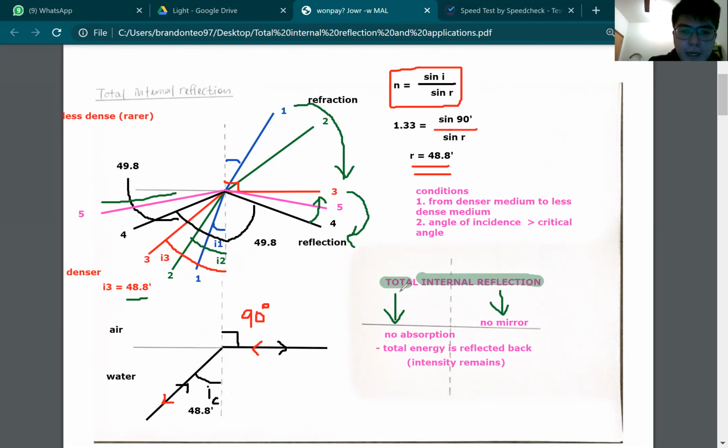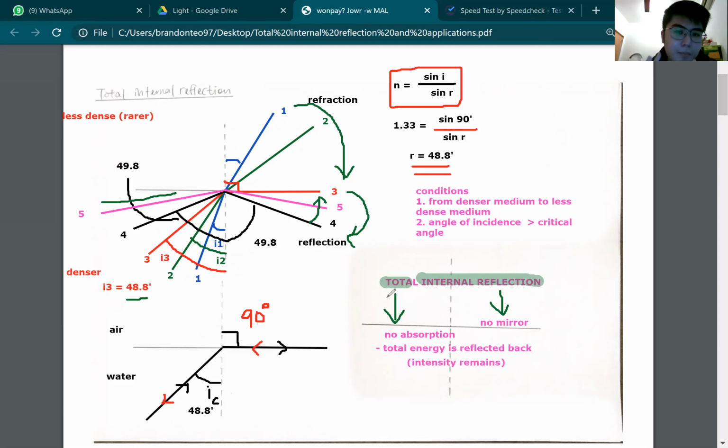If all the energy is reflected with no absorption, it means the image you see is almost the same as the real object. Sometimes it is hard to tell whether it is the image or the object, because in ordinary reflection the intensity decreases. If you look at your image in a mirror, you won't realize it, but in reality the image is a little bit darker, less in intensity. With total internal reflection, the image looks just like the object, because the intensity is exactly the same, with no loss of energy.